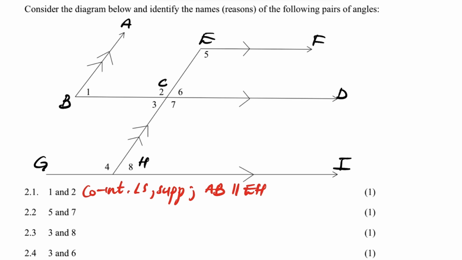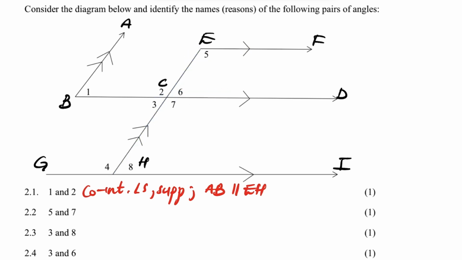Now let's look at 5 and 7. What's happening between 5 and 7? You can see there's an F there. This angle and this angle in an F are equal.